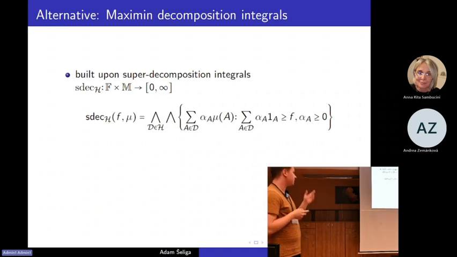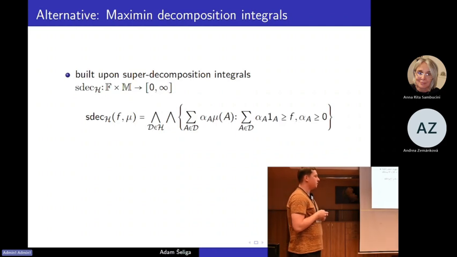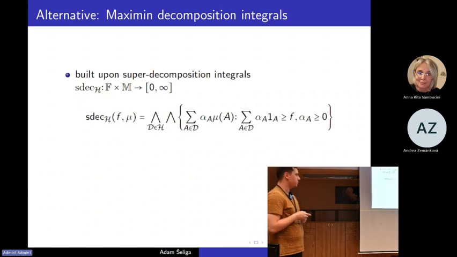Here you can also obtain infinity as a possible value of this integral, and it is the minimum through the collection of super decompositions of the function. We have this inequality, and infinity is obtained when this set is empty. So that's why it can attain infinity.